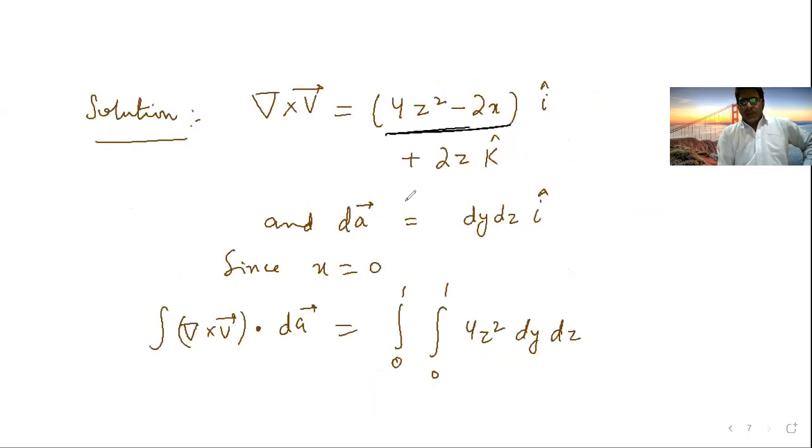Now since x is equal to 0, this term goes to 0. So only 4z² dy dz remains in the integral. And when you calculate this integral, it will turn out to be 4/3. So this is my left hand side for the Stokes theorem.